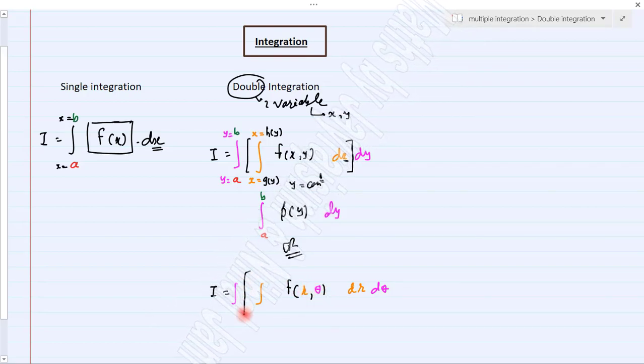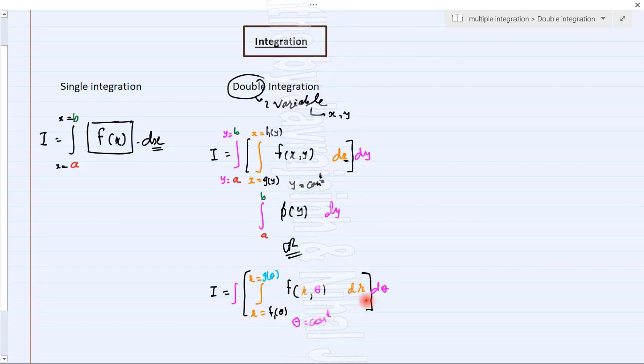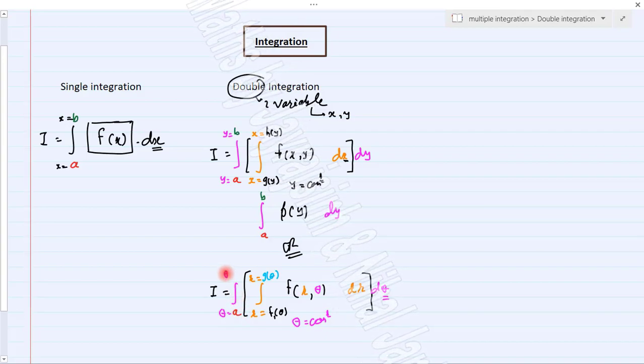Initially we will consider the inner integration, where the lower limit of r will be a function of theta or some constant, and the upper limit of r will be another function of theta, in which we will consider theta as a constant, and then we move to the outer integration with respect to theta, and we substitute the limits of theta. Let's say the lower limit is a and the upper limit is b.